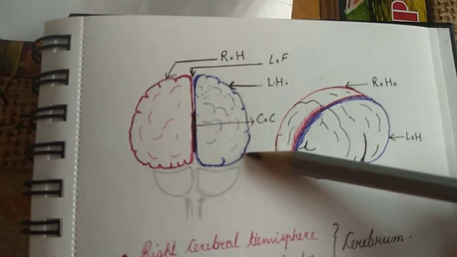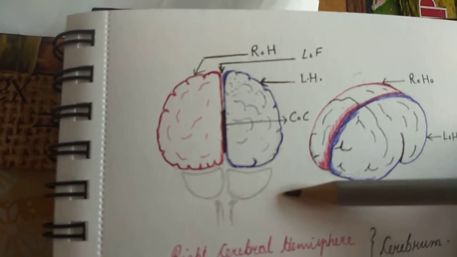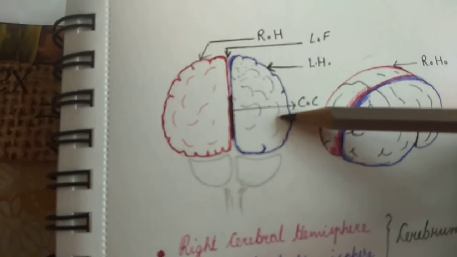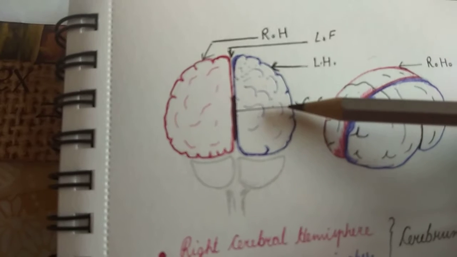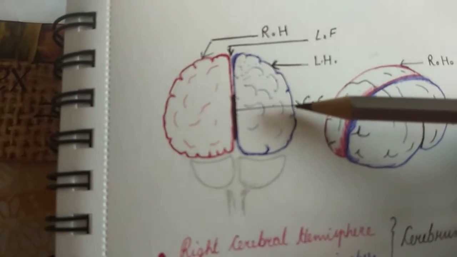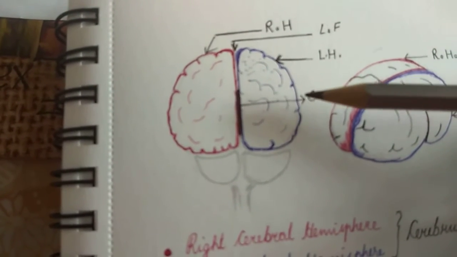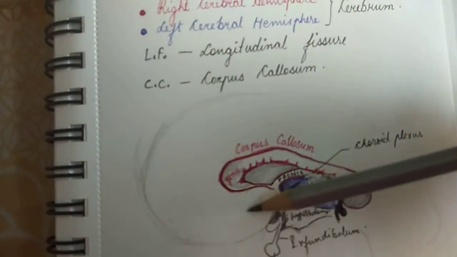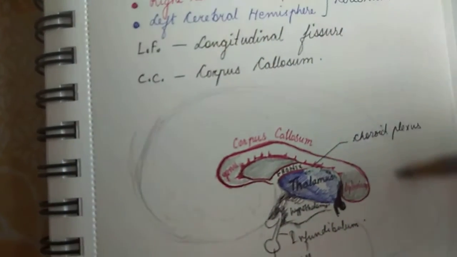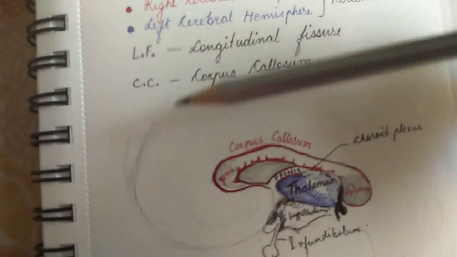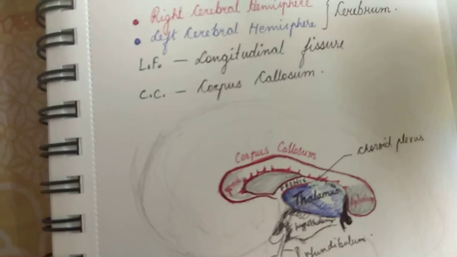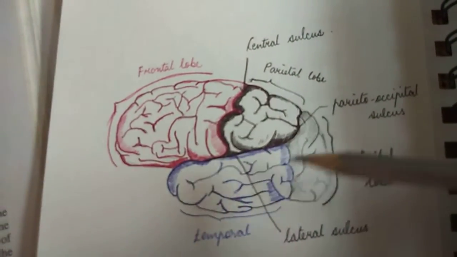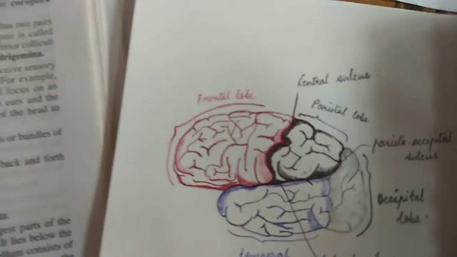The forebrain or prosencephalon forms the greater part of the brain and further consists of cerebrum, cerebral lobes, and diencephalon.